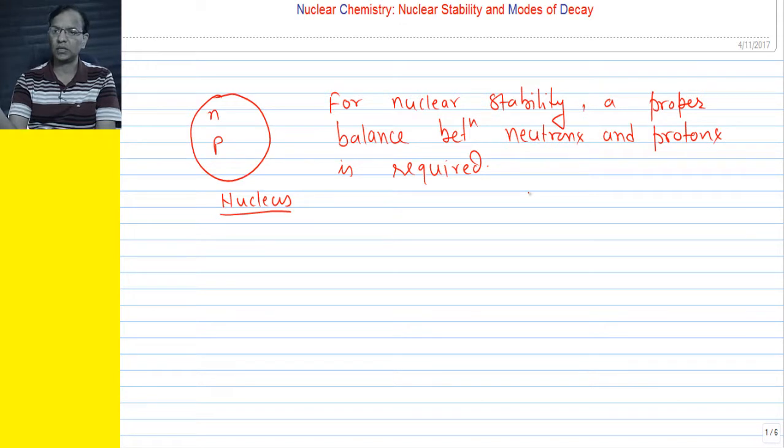During the decay process, interconversion between neutrons and protons takes place, and that gives rise to stability of the nucleus. So nuclear stability is obtained by interconversion of neutrons to protons and protons to neutrons by decaying radioactive particles.